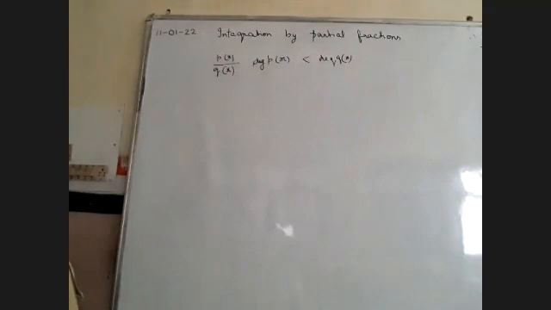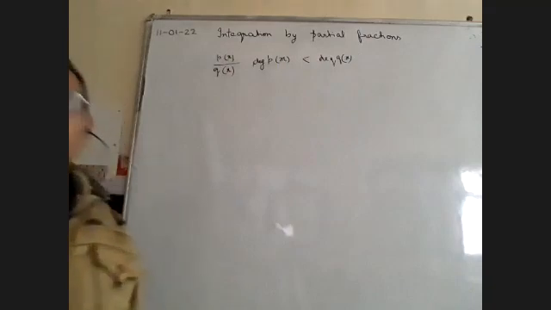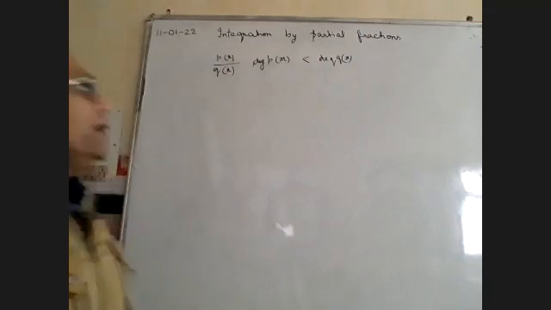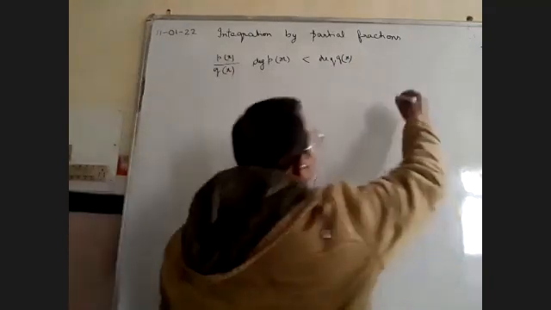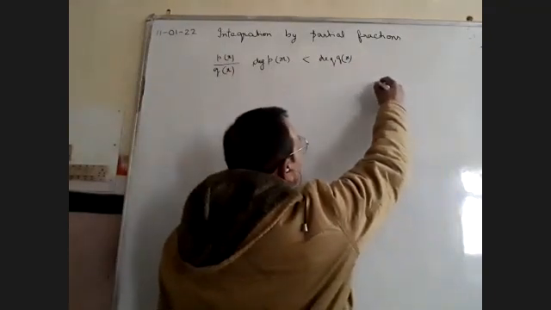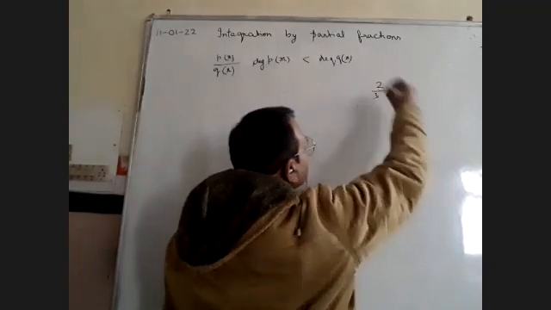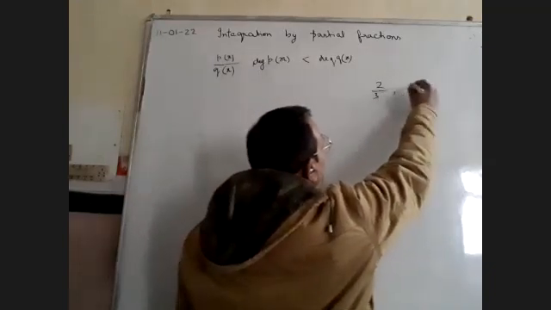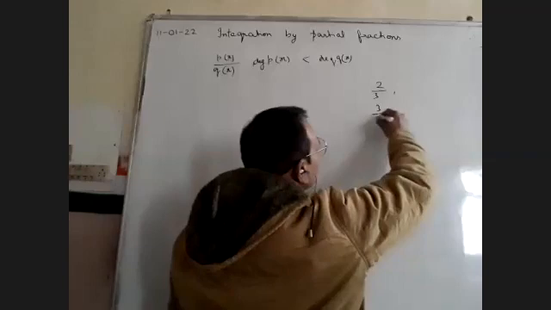If it is not proper, then we divide the numerator by the denominator to convert it into a proper fraction, as you have done in numbers. Just 2 upon 3 is a proper fraction. If 3 upon 2, it is not a proper fraction.